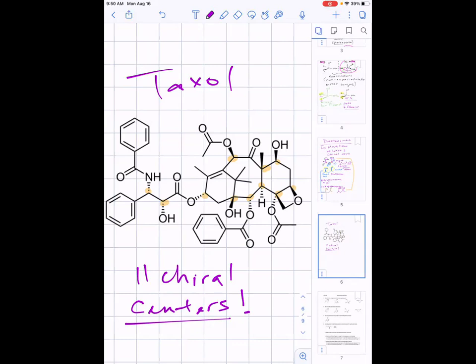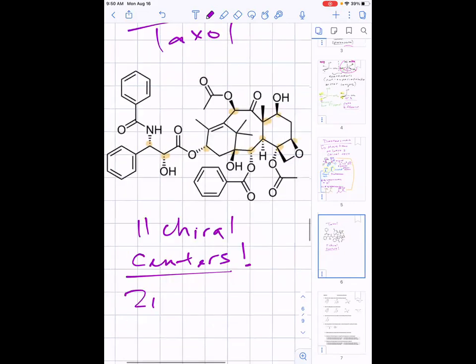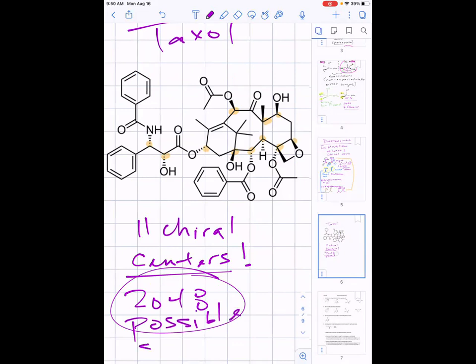2048 possible stereoisomers. You know how many out of those 2048 work against cancer and fit the exact receptor that needs to be touched in order to cause apoptosis? One, this one.